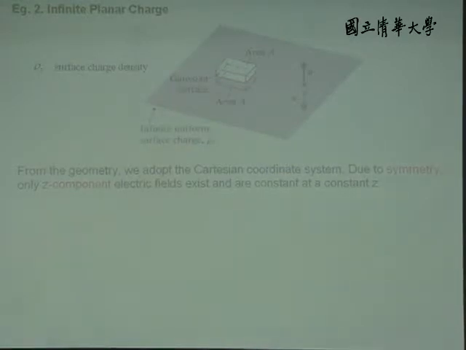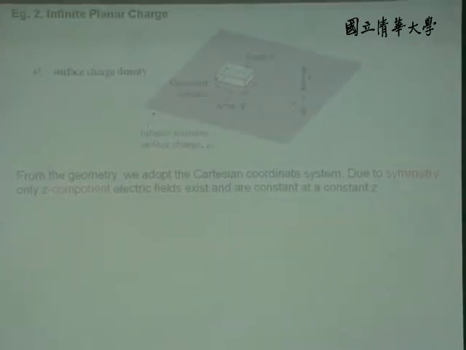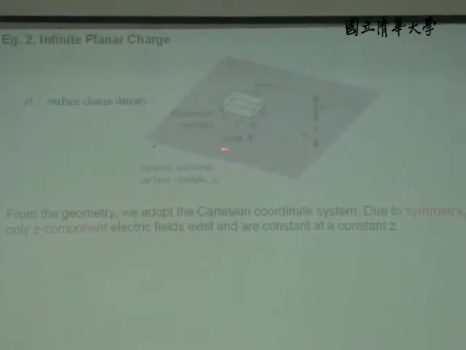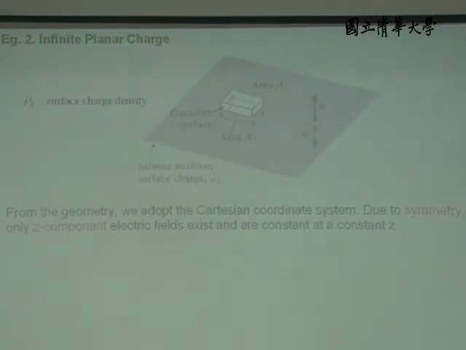Another example of using the Gaussian surface to do the integration is an infinite plane with some charge density. All right.